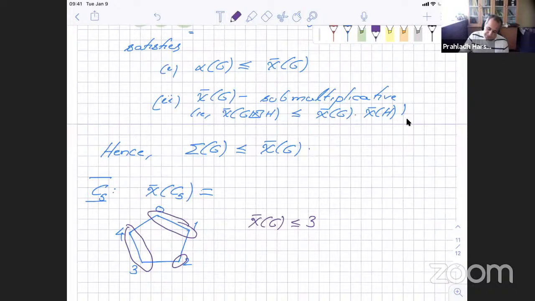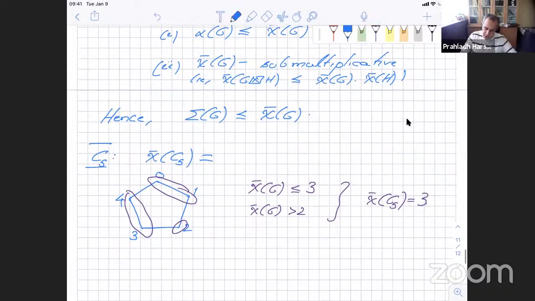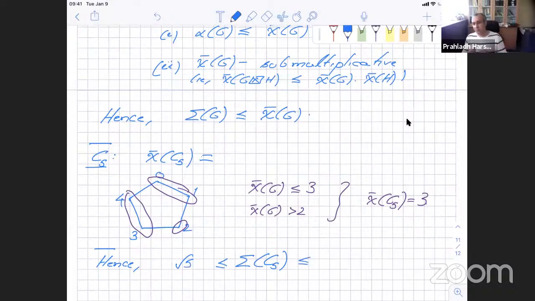So chi prime G has to be larger than 2, and hence chi prime of C5 is in fact equal to 3. That puts us in better shape. Hence the Shannon capacity of C5 is between square root 5 and 3. So from 5 we brought down the upper bound to 3.